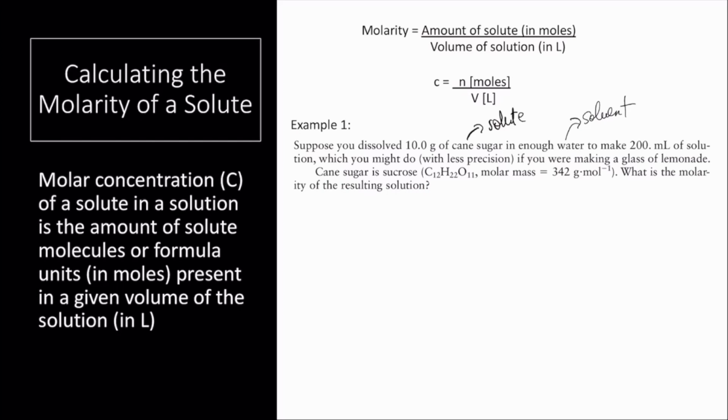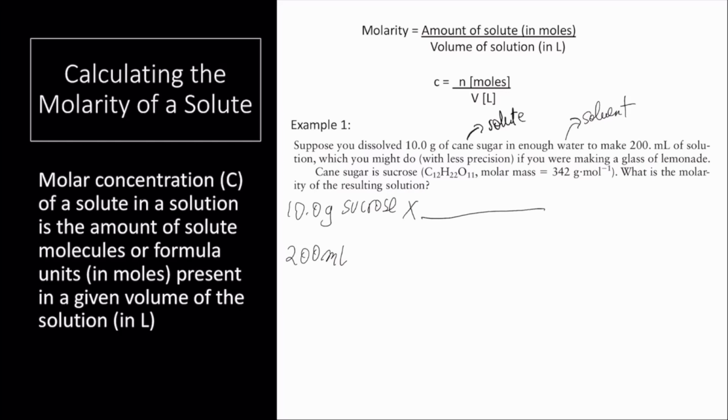Okay, so we're given 10 grams of sucrose or cane sugar, and we need to convert this to number of moles. And we're given also that the volume of the solution is 200 milliliters, and we have to convert these to liters to use this formula. Okay, let's do the first one first.